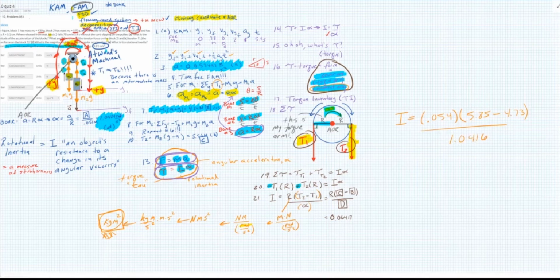All right, so according to your WileyPLUS, this was given to you as 5.4 centimeters. This was the answer to part A, B, T2, B is right, and this was your answer to part C, and this was your answer to part D. Okay, how complicated can that be? 0.054.